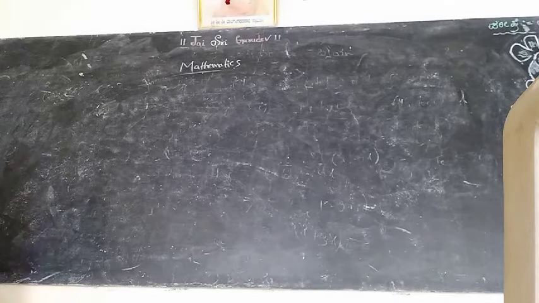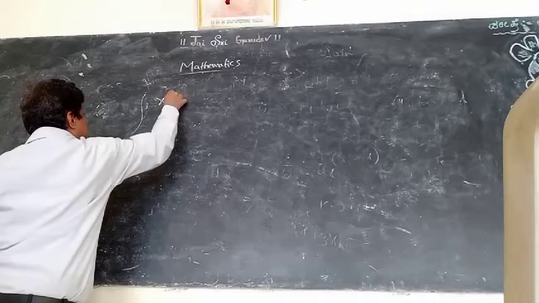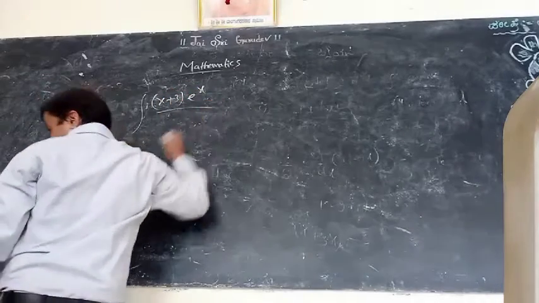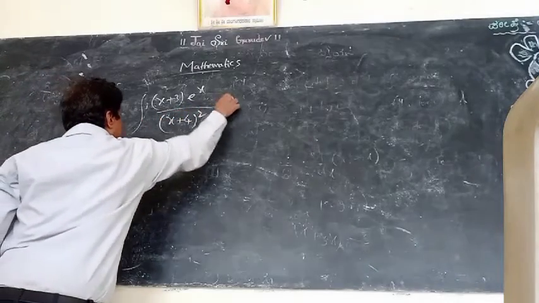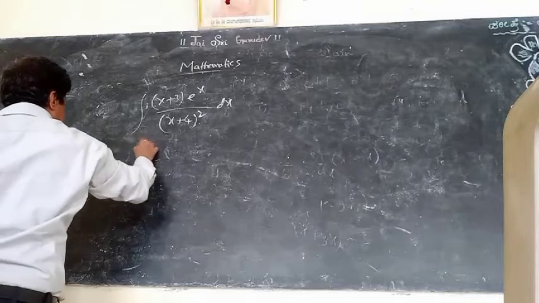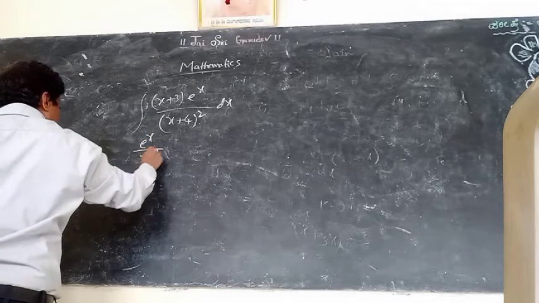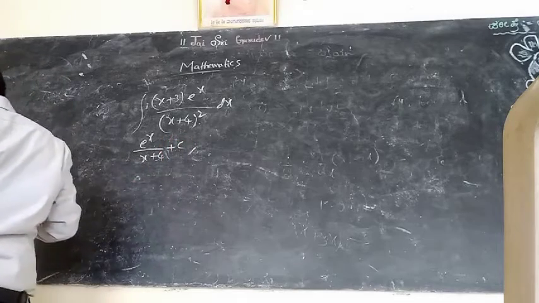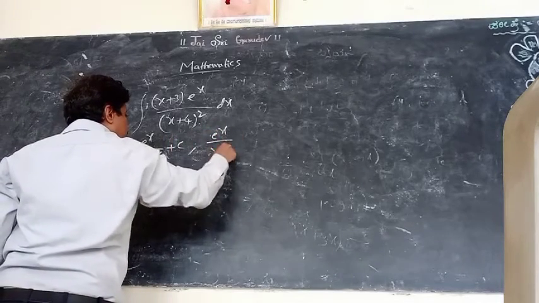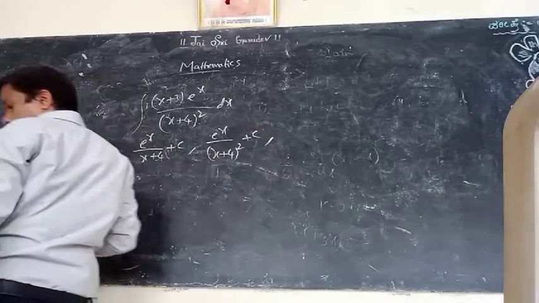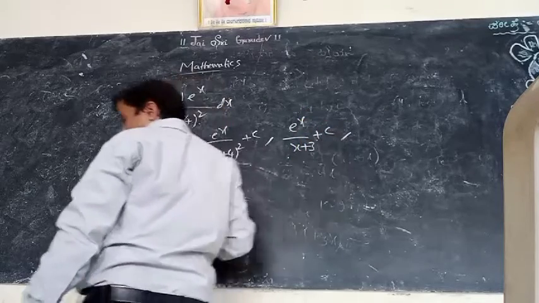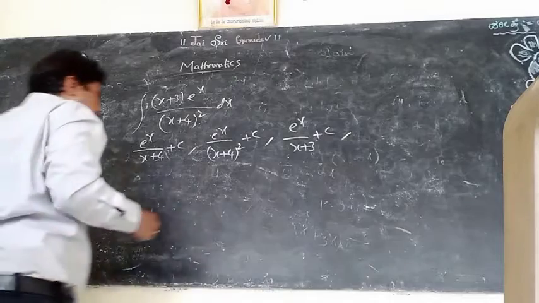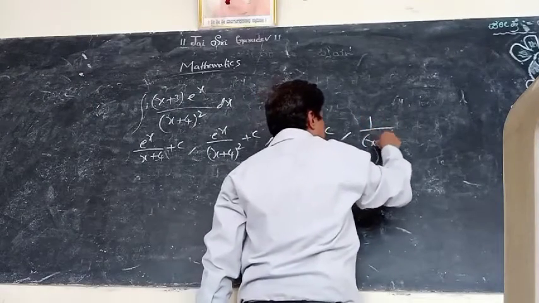We'll see the third question. Integrate x plus 3 into e power x divided by x plus 4 whole square. The options are: e power x divided by x plus 4 plus 3; e power x by x plus 4 whole square plus 3; e power x divided by x plus 3 plus c; and last, 1 by x plus 4 whole square plus c.